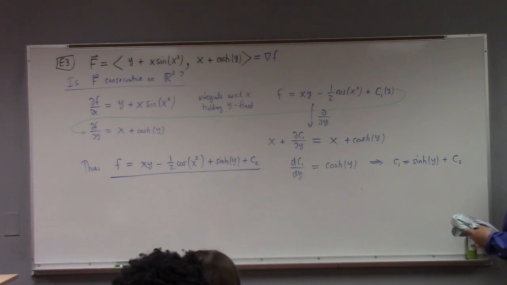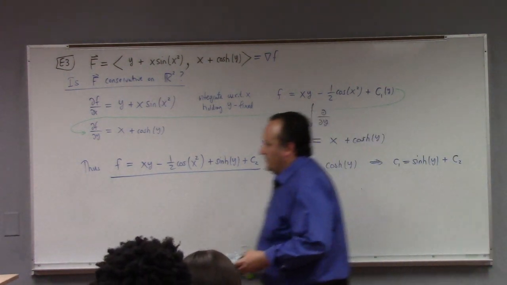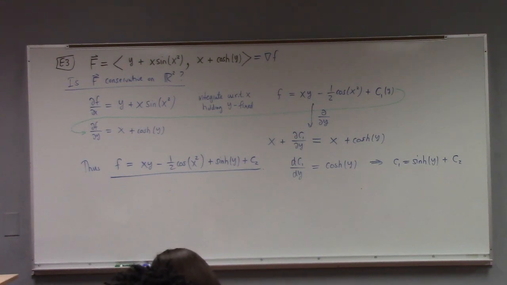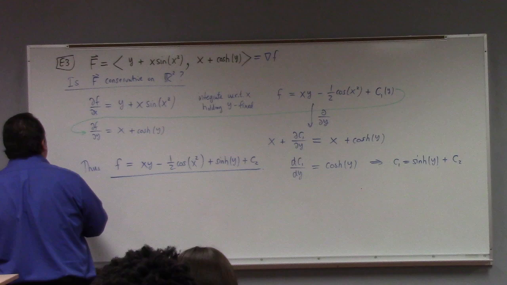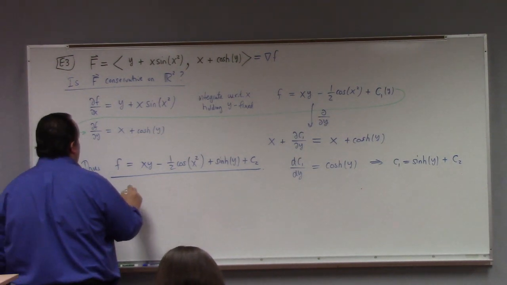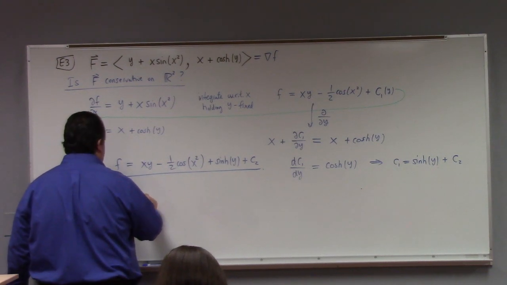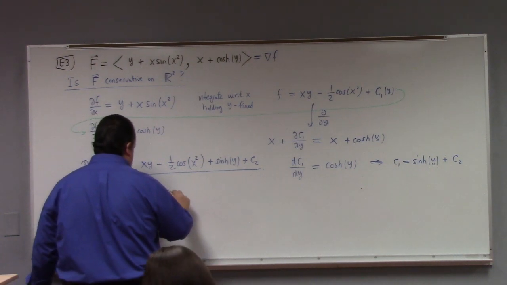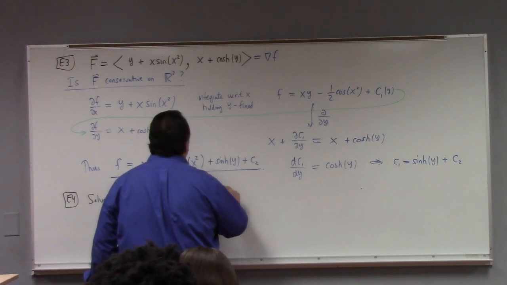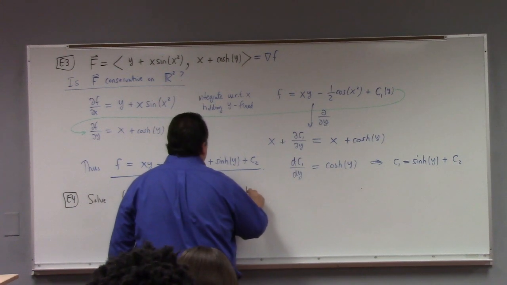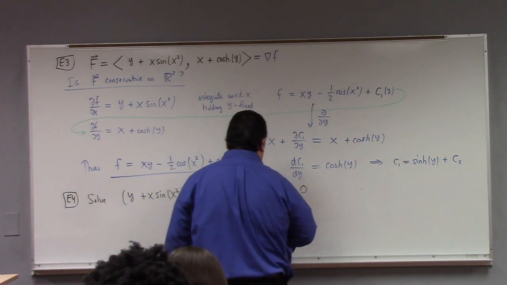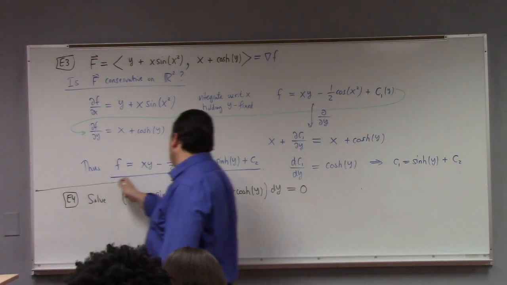The corresponding problem of differential equations, I think I got room, is example 4: solve (y plus x sine of x squared) dx plus (x plus cosh of y) dy equals 0. Can we solve this differential equation?